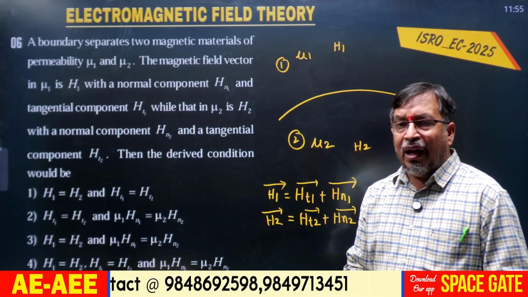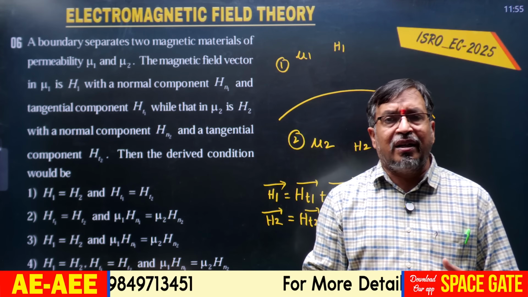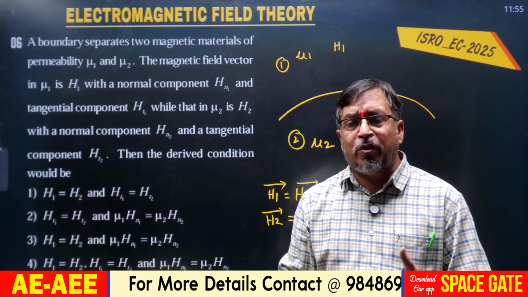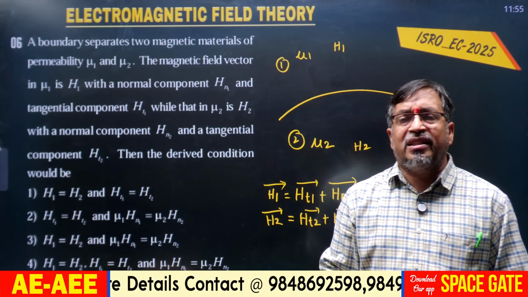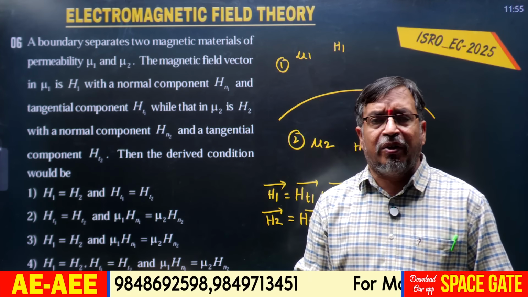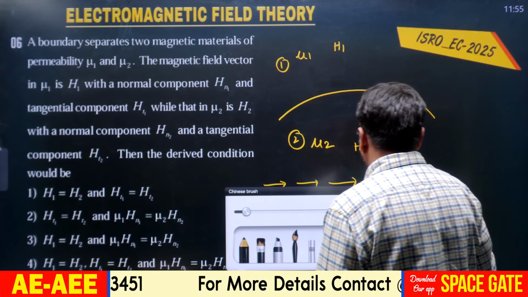And from Maxwell's equations in integral form, by using the closed loop line integral of H dot dl equals I, and the law of conservation of magnetic flux, surface integral of B dot ds equals 0, from these two equations we derived two relations.